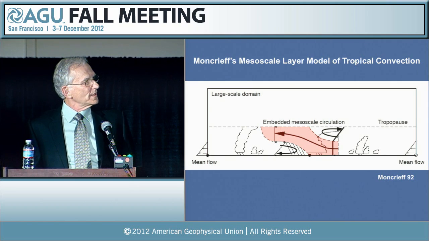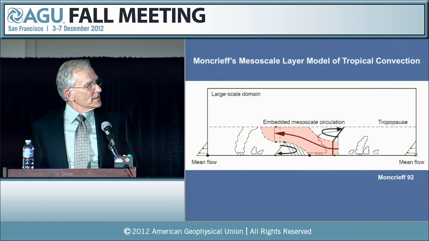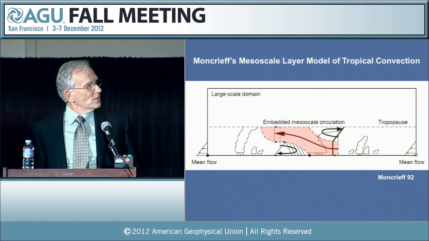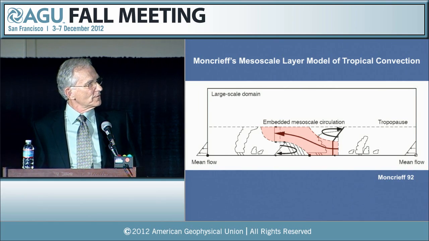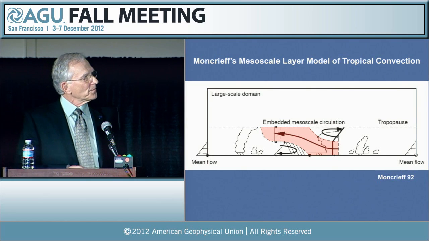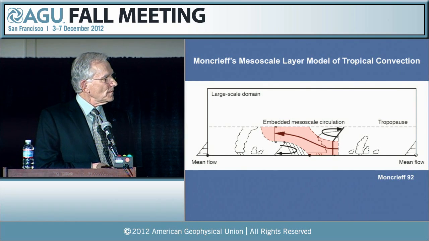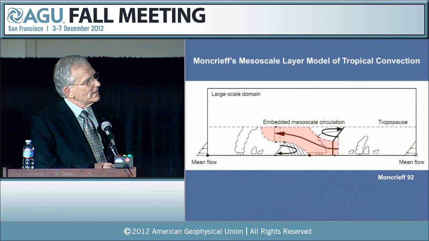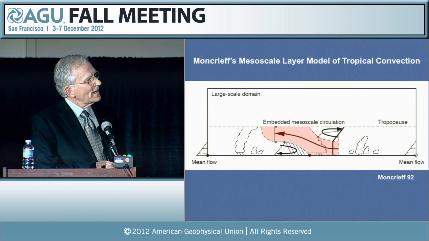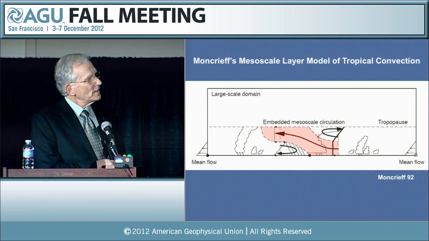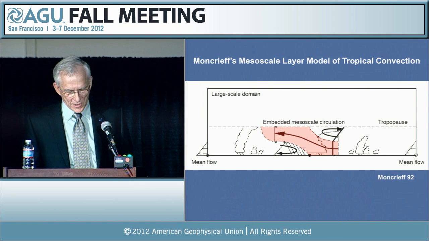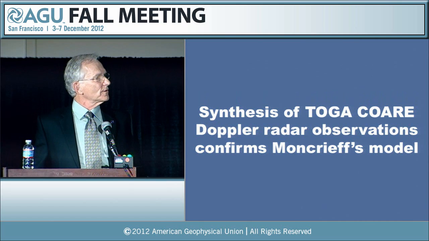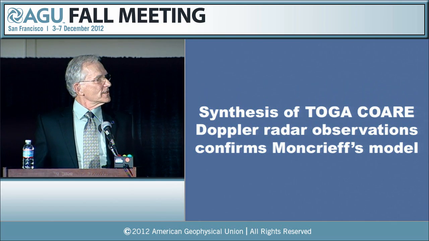You can see that with the pink shading there, the updraft is a deep layered feature, and the scale is not exactly shown, but it would be over 100 kilometers or so, a very broad thing. And then there's also a layer of downdraft air entering below that, and that lies between flows going the two opposite directions. And we saw that structure over and over again in the Togo core radar observations.